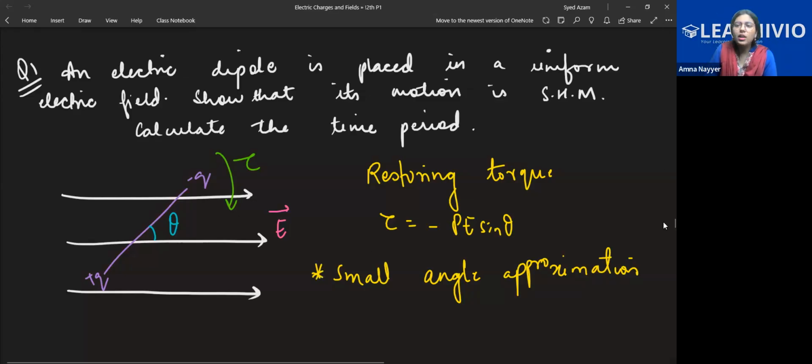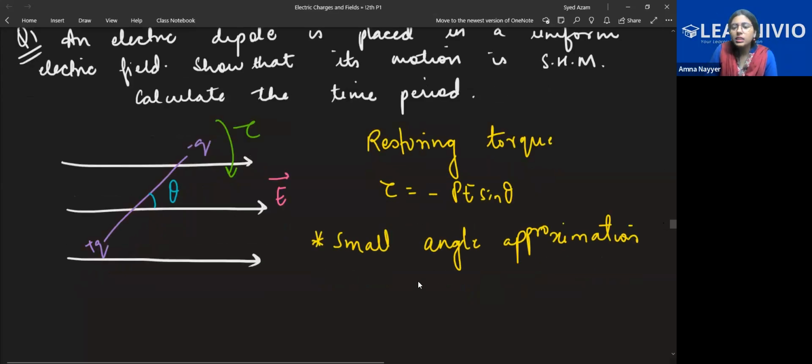Small angle approximation means theta is less than or equal to 15 degrees. If theta is less than or equal to 15 degrees, sine theta or tan theta are almost equal to theta.